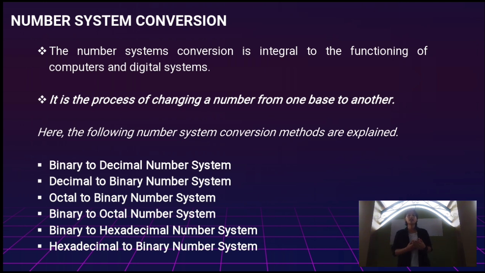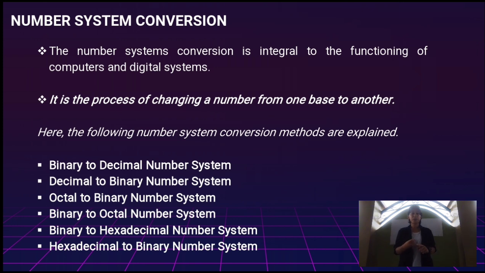So here, the following number system conversion methods are explained. We have binary to decimal, decimal to binary, octal to binary, binary to octal, binary to hexadecimal, and hexadecimal to binary.